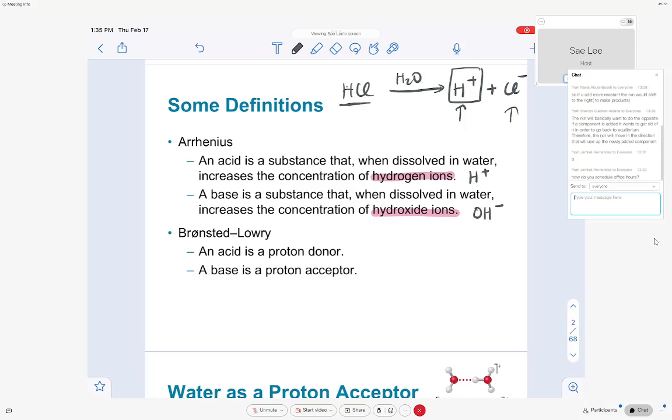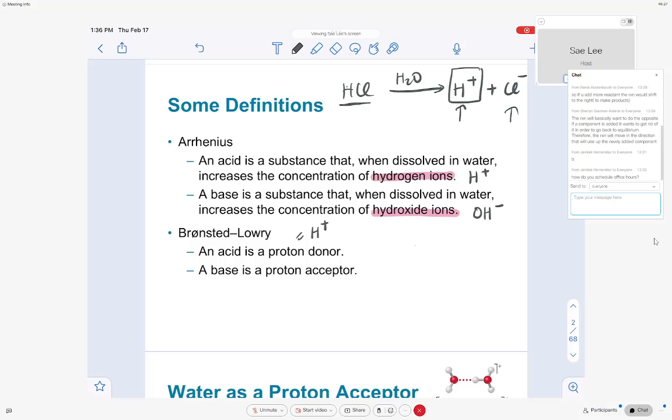So the later Danish chemist Bronsted and English chemist Lowry both came up with a new definition of acid and base. According to Bronsted and Lowry, the definition of acid and base involves transfer of a proton, which is the same as a hydrogen ion.